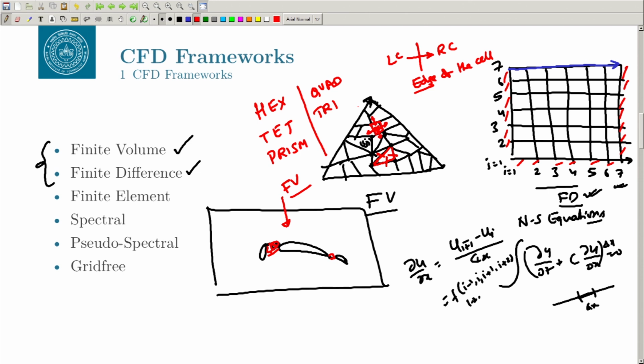Very close to the wall, if you want to capture the boundary layer in a 3D flow, you want to put a prism layer on top of that, so that the grid is aligned to the body very close to the wall. What I mean by that is you might want to make some layers of grid here, maybe 2-3 layers like this, where you are capturing the boundary layer, and after that you can start filling the elements like this.